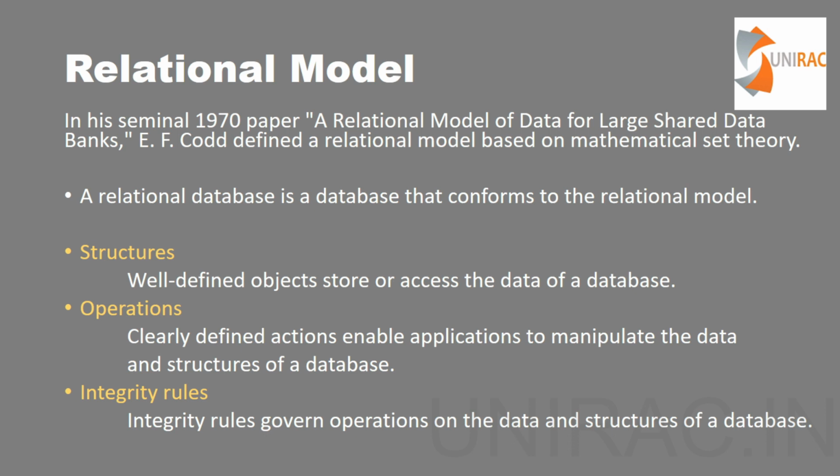In terms of structures, we can define the objects to store or access the data; using operations, applications can manipulate data; and using integrity rules we can govern the operations in the database. So these are the three aspects within a relational database.